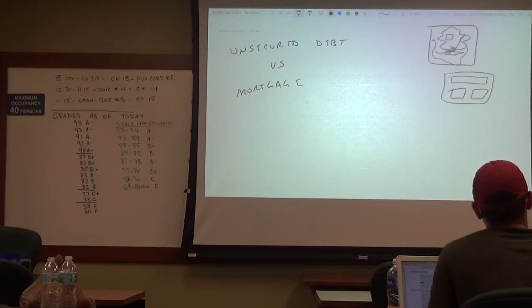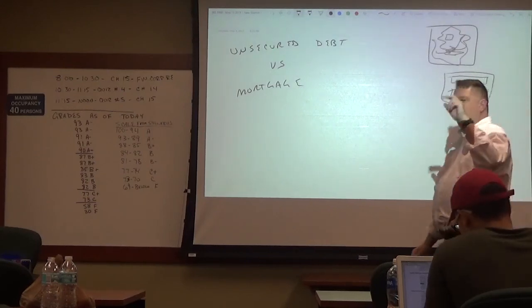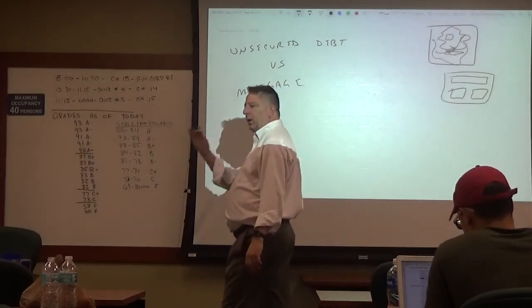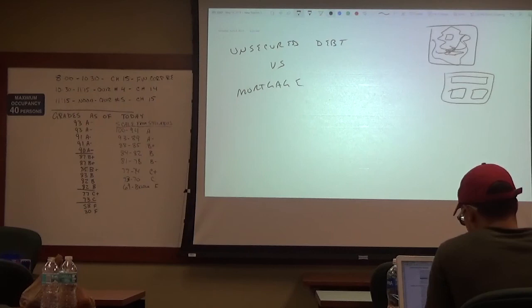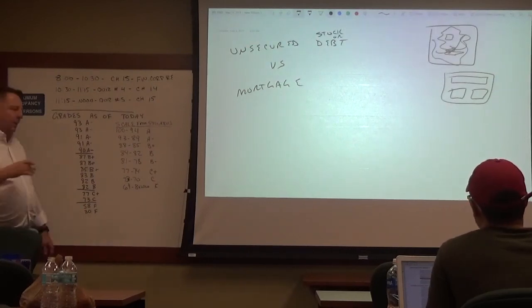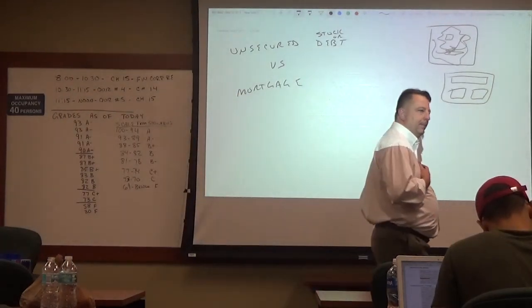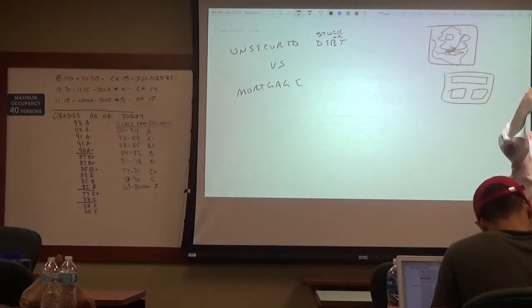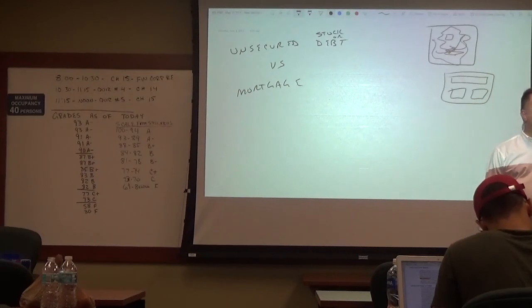Now, normally that form of so-called unsecured debt, whether it's stock or debt, is more expensive in terms of the rate of return expected by the investors than just simply getting a mortgage.